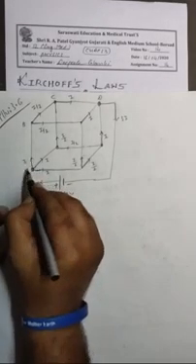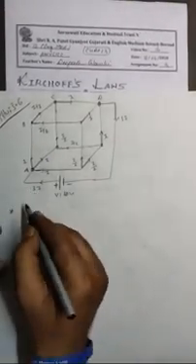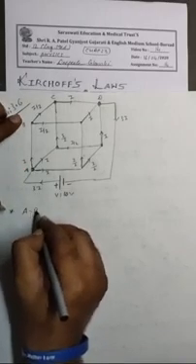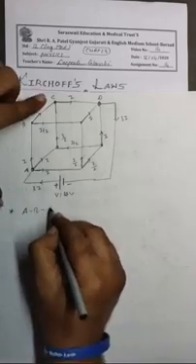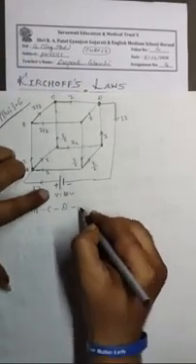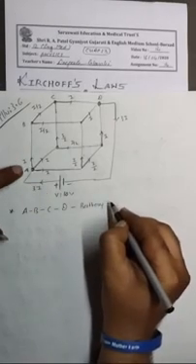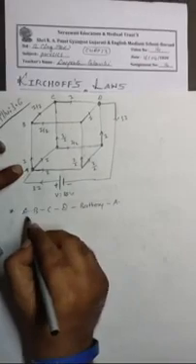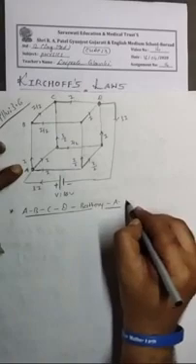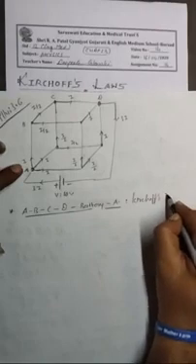So we are going to apply Kirchhoff's second law for a loop A, B, B, C, C, D, D, and battery, and again A. So this is a complete loop, and you have to apply Kirchhoff's second law.